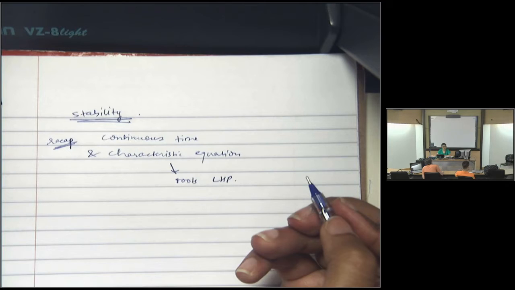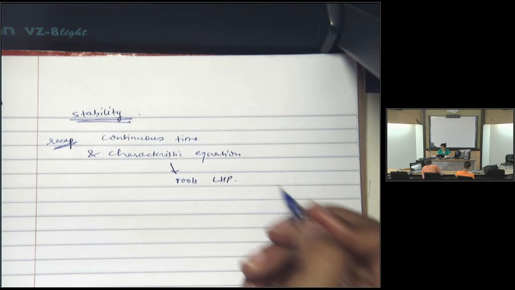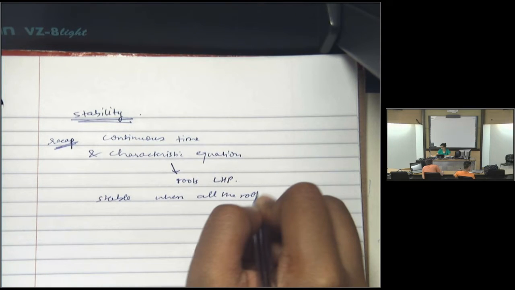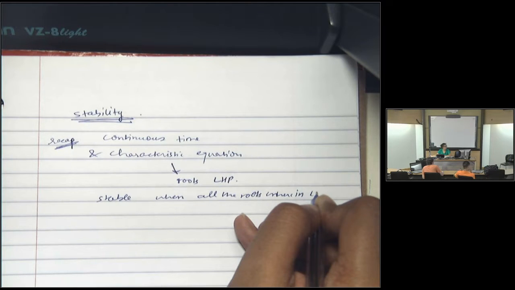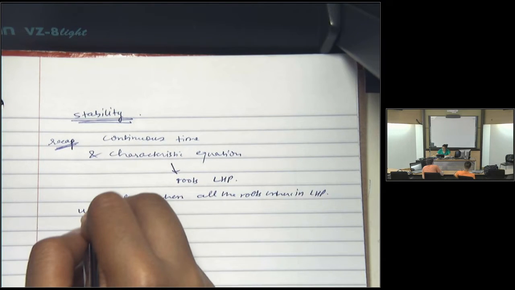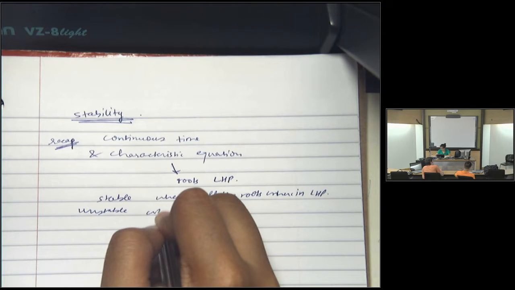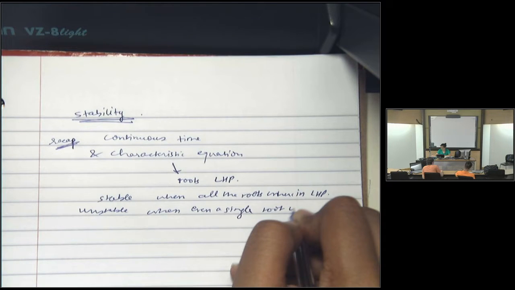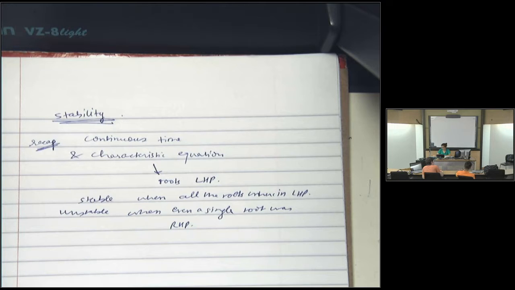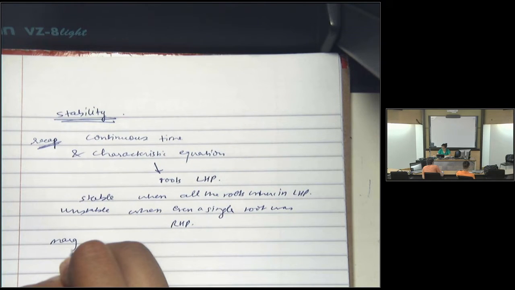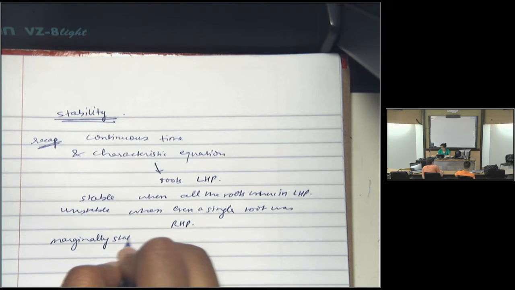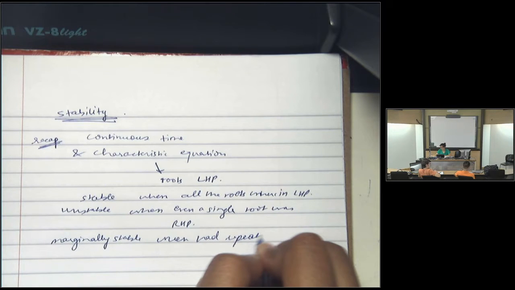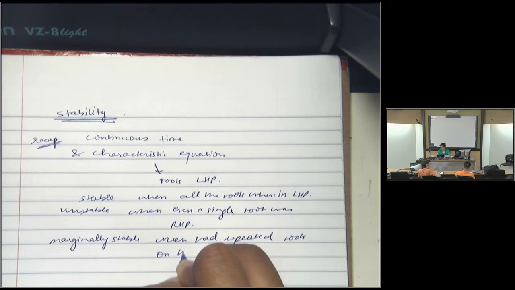That was our condition, that it was stable when all the roots were in the LHP, unstable when even a single root was in the RHP, the right-hand plane, and marginally stable when we had repeated roots on the imaginary axis.